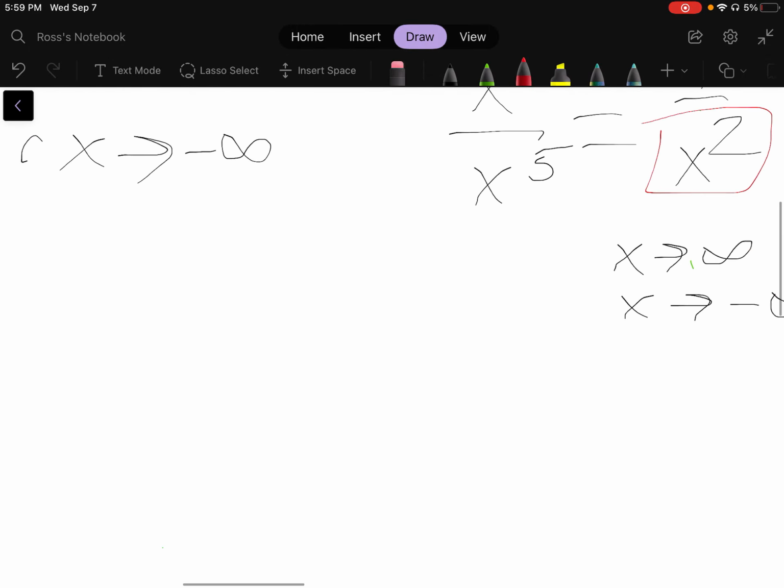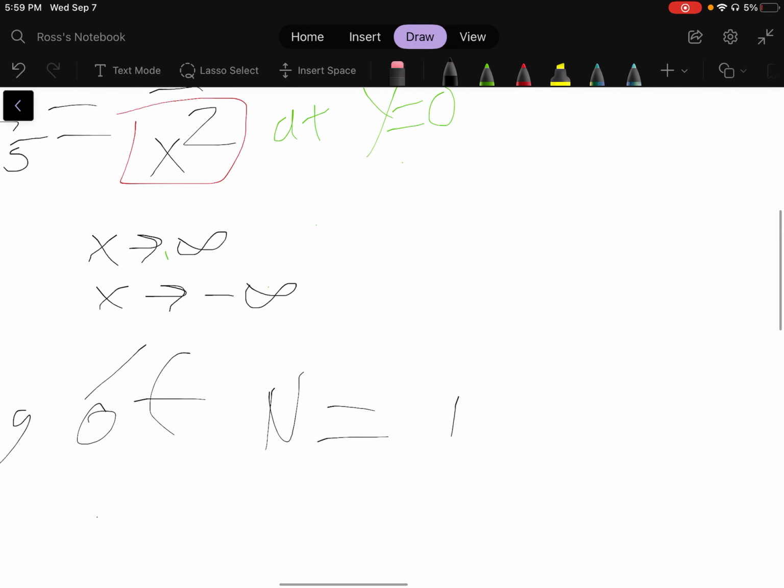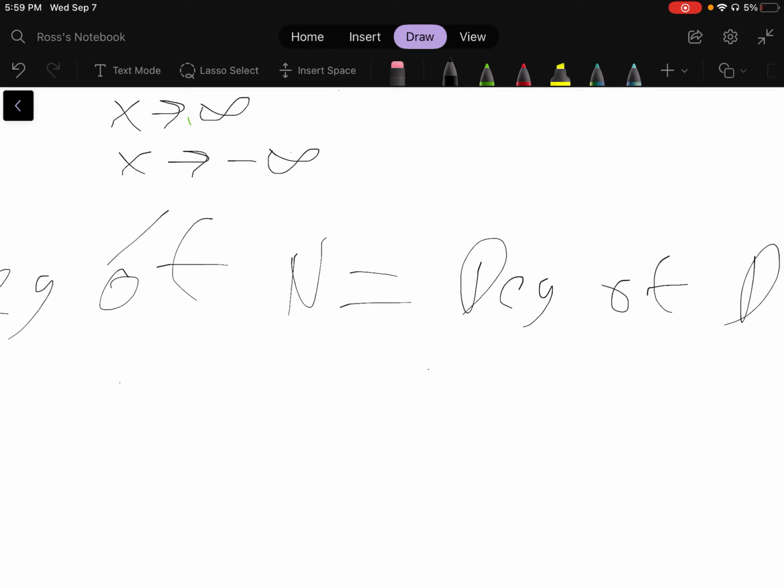Okay. And the last situation is where the degree of the numerator equals the degree of the denominator, right? So for example, 3x squared over 2x squared.